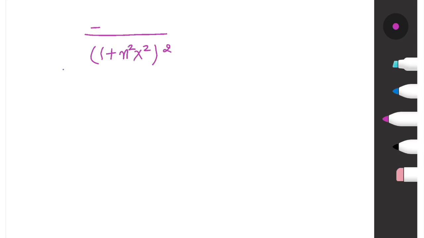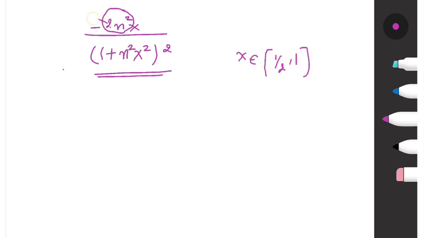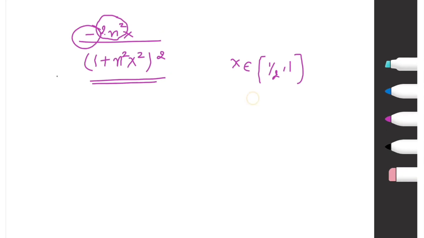On differentiating we get minus 2n square x over (1 plus n square x square) to the whole power square. The denominator is positive, 2n square is also positive, and our x is from half to 1, so this is also positive. This negative is making the first order derivative negative.